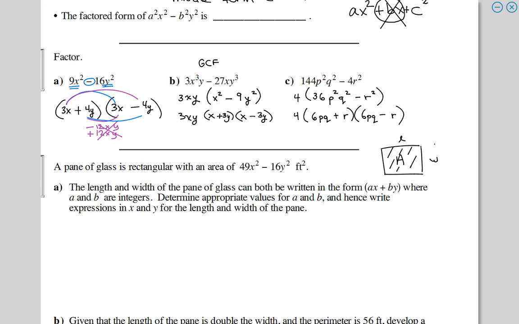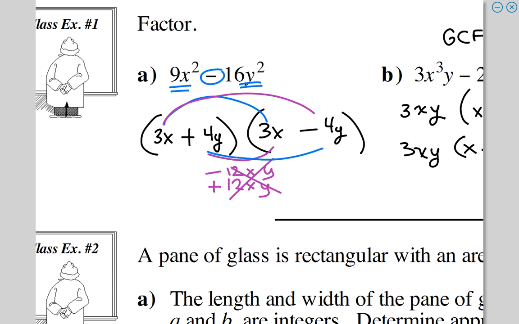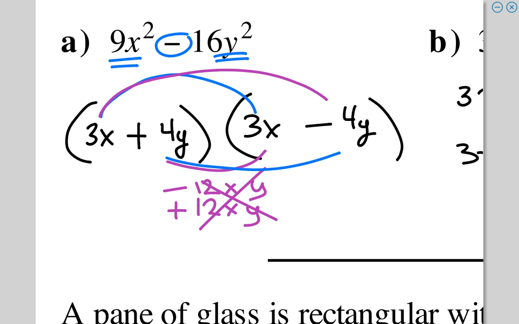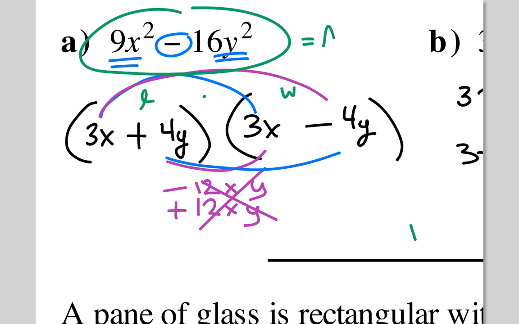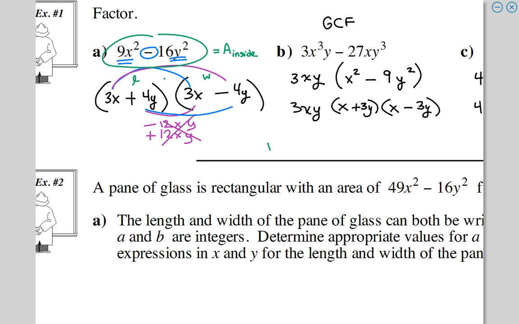Now if you look above here, let's take a look at this one here. Do you see how it's a term times another term? You can think of that as like a length times a width. And then this stuff up here would be the area inside as a sum versus if you wrote it as a product. Okay?